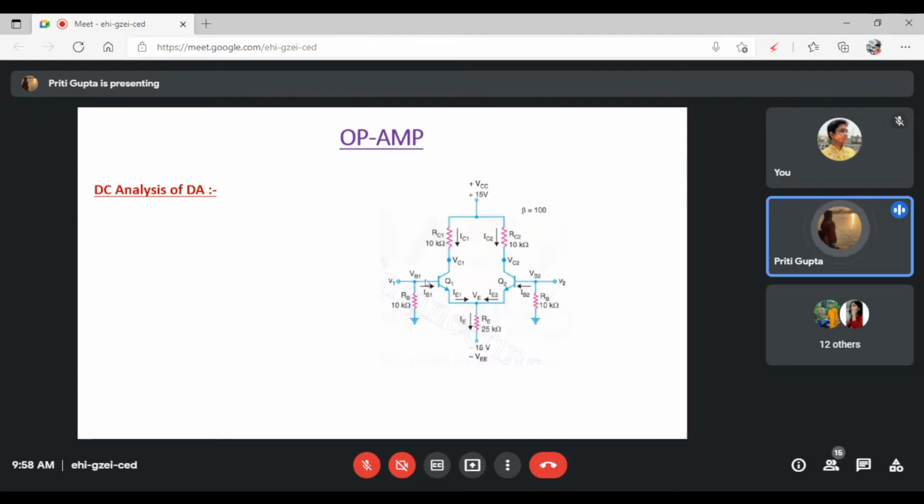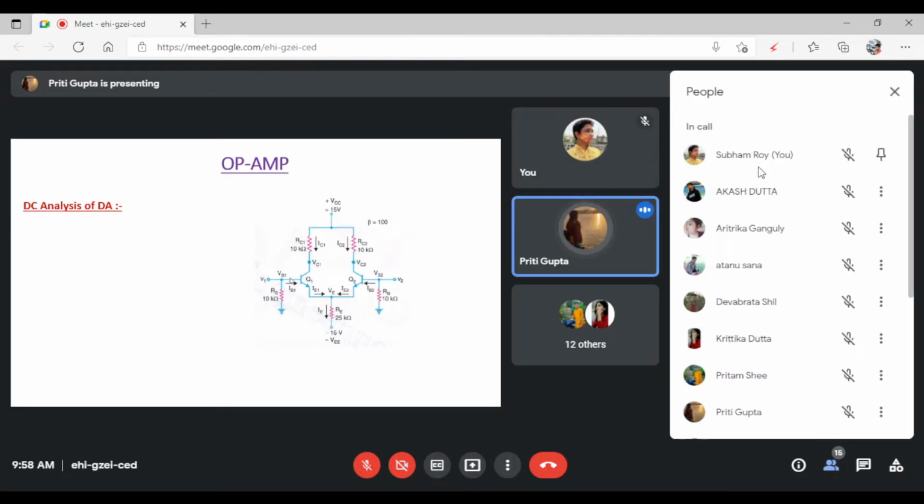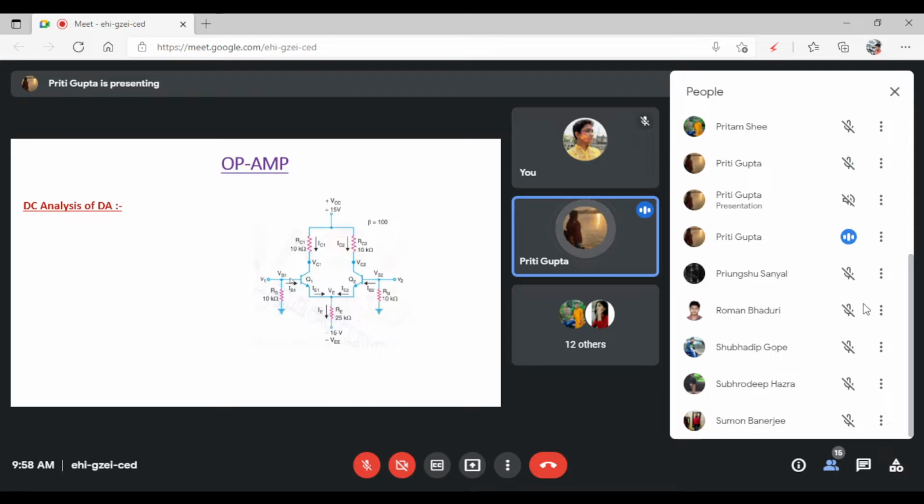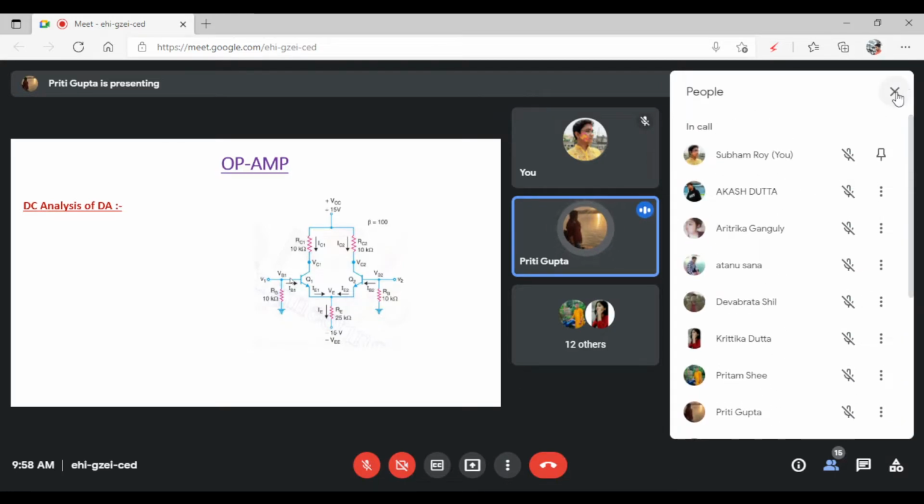This is the constant value of VBE for our NPN transistor. You can write down wherever in your copy that VBE is equal to 0.7 volt. That's the constant value. Why constant? That we will discuss in the transistor chapter only.